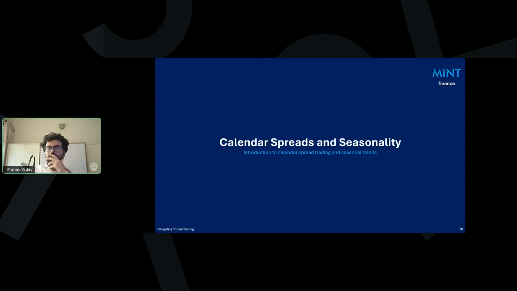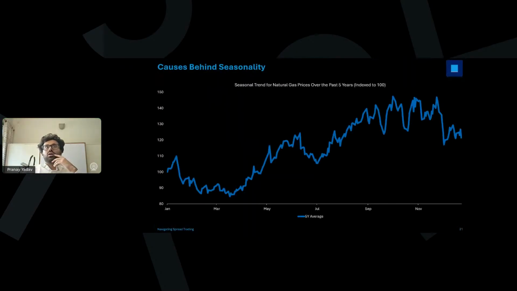Now, in order to start with calendar spreads, we have to introduce the concept of seasonality as a whole. I briefly alluded to this previously, but let's define it much more clearly now. Let's start with natural gas as an example. What I have on screen here is the 5-year average price performance for natural gas futures, averaged year on year.